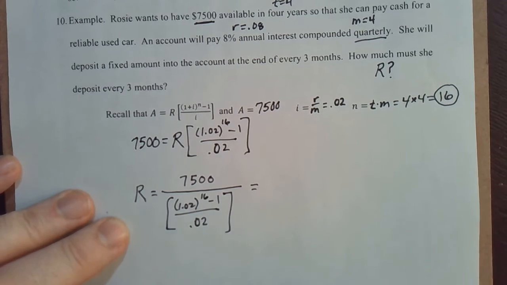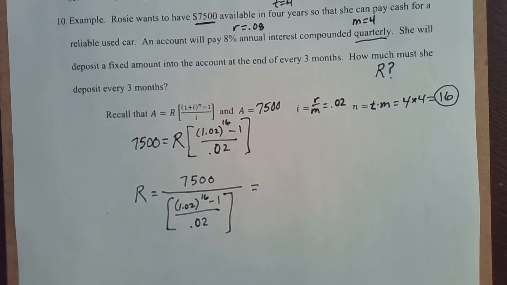So let me get my calculator ready, and I'm going to do the denominator first. 1.02 raised to the 16th power minus 1.